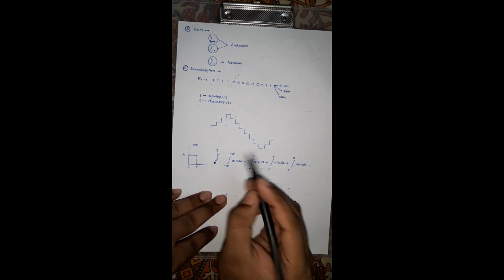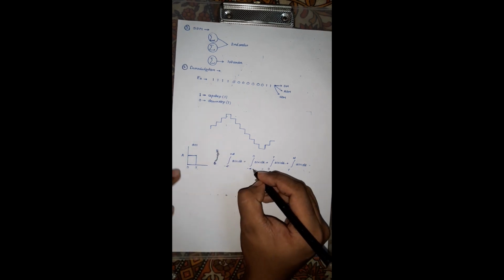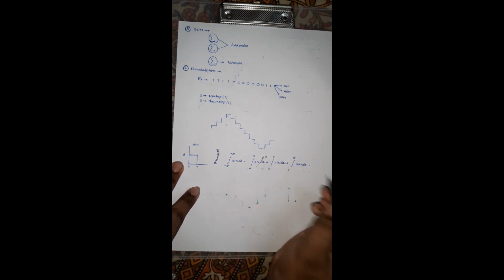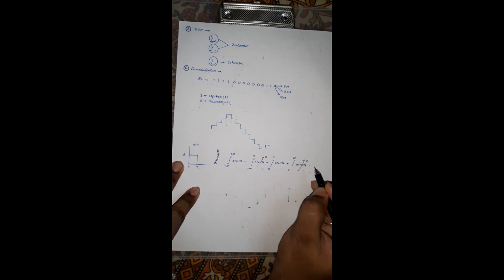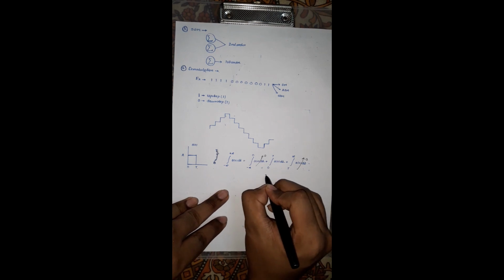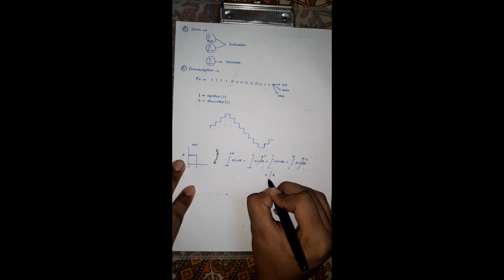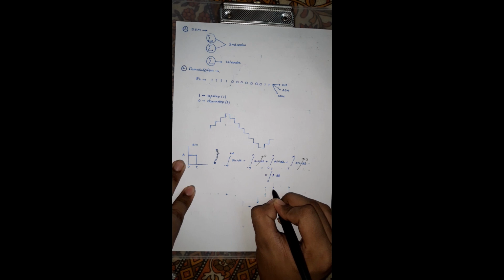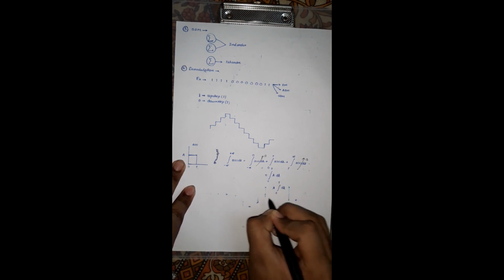From minus infinity to 0, the signal has no value, so this value will be 0. From T to infinity, the signal also doesn't have any value, so this value will be 0. From 0 to T, the signal has a value A, so integration 0 to T of A dt. A is constant.